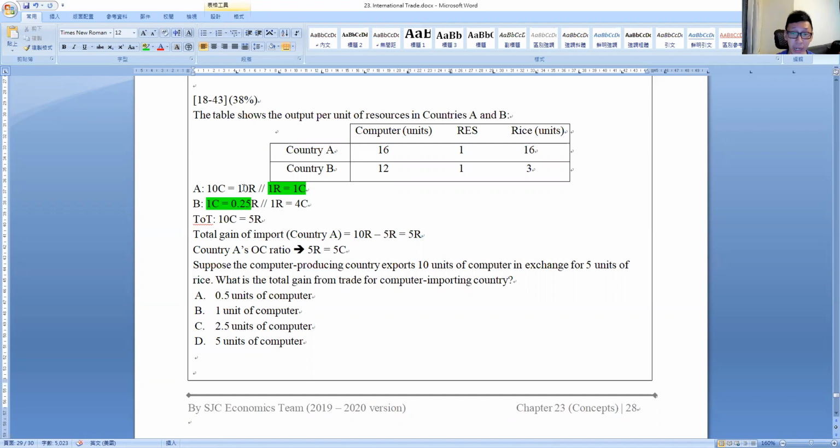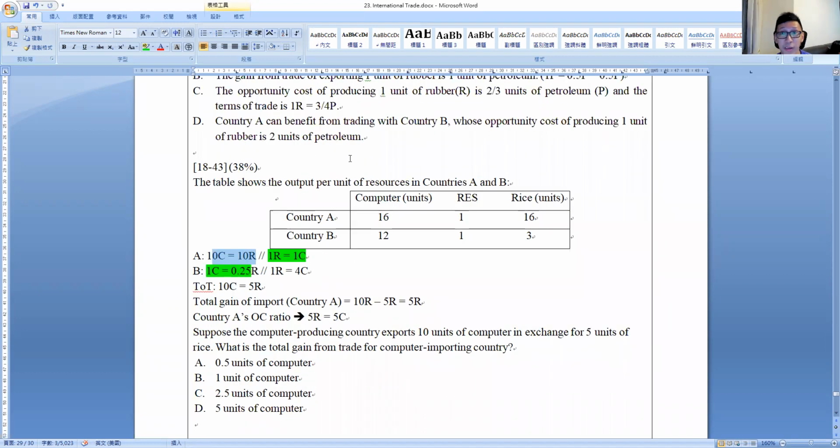So for all future questions, please pay attention to the unit here. Our maths only get us rice, but when they're asking computer, convert rice into computer using the country's own opportunity cost. Use your own opportunity cost, please.